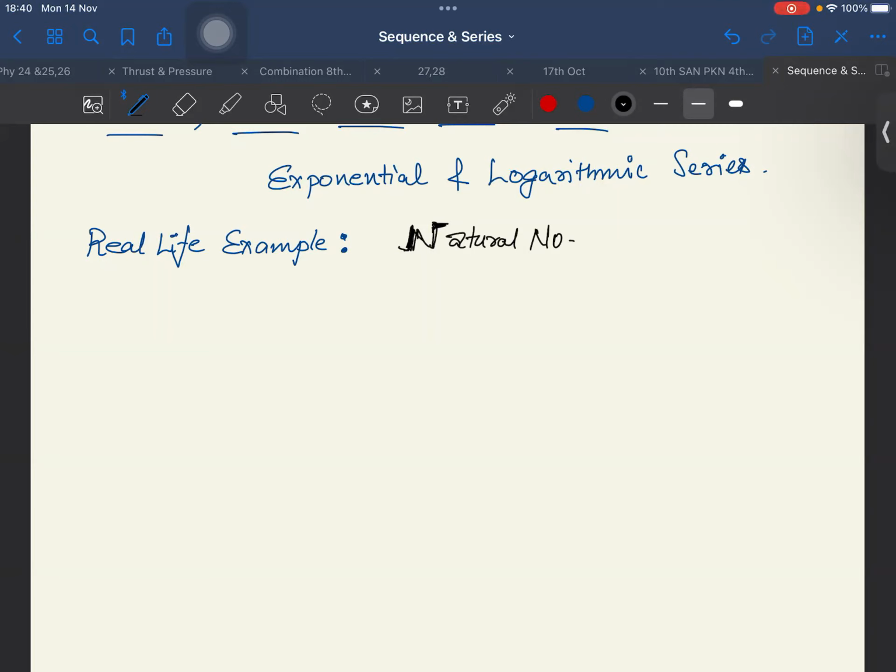Have you heard about Fibonacci series? Yes or no? How many of you have heard about Fibonacci series? It is also called the Fibonacci sequence. The series is just numbers in a particular order.